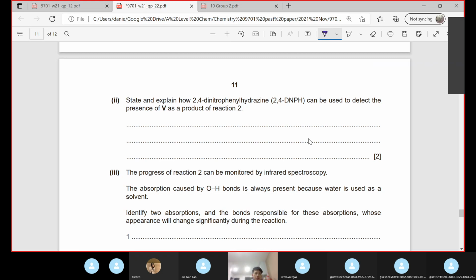Both are accepted if not mistaken, but personally I use orange. Orange precipitate, yellow is also accepted. Yellow or orange precipitate is formed or observed.